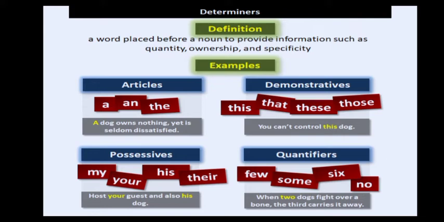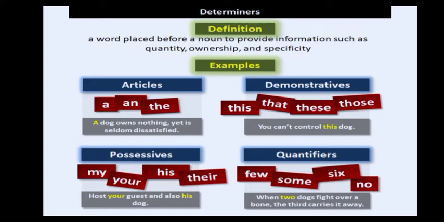I told you the best way to identify a determiner is by the quantity. In the first statement it was a dog, that means a single dog. Then two dogs, that means the quantity is increasing. There is an involvement of two different dogs.